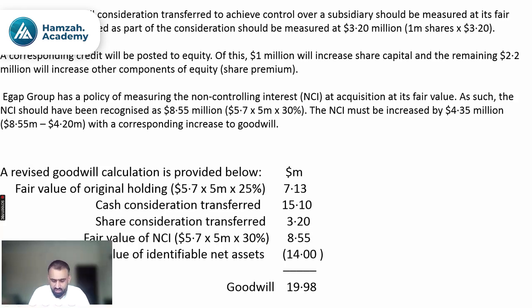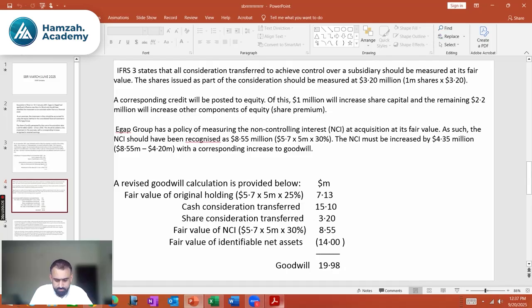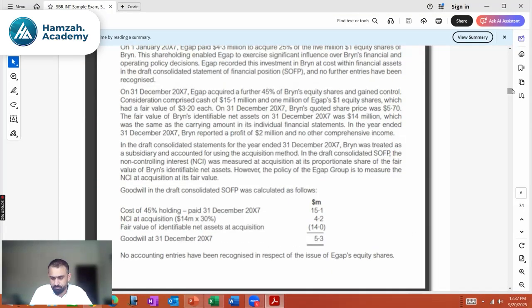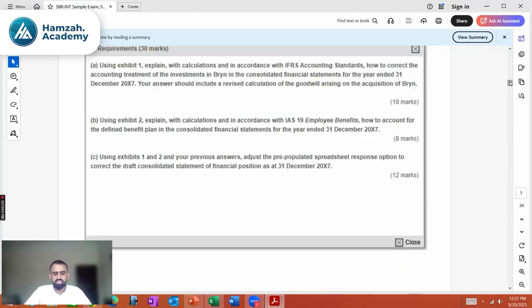Now, after this, we will move towards Exhibit number 2. Exhibit number 2 is relating to post-employment benefit. For your reminder, just read it again.